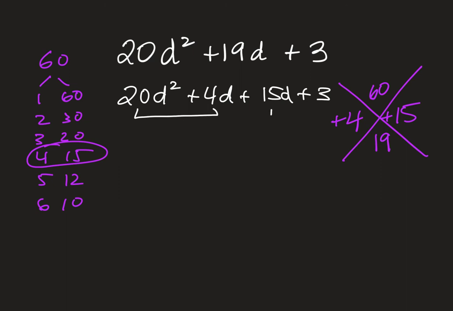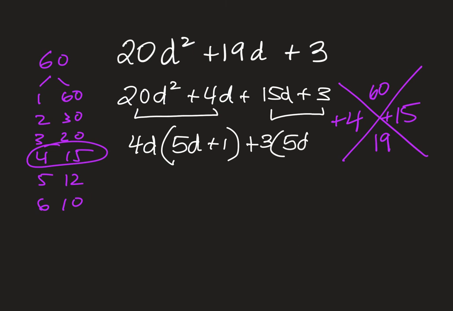So here we go, we've got our grouping. I can take out a 4d from the first two, and I'll be left with 5d plus 1 after I pull that out. And then the other one, I can take out a 3, and I will be left with 5d plus 1 again.